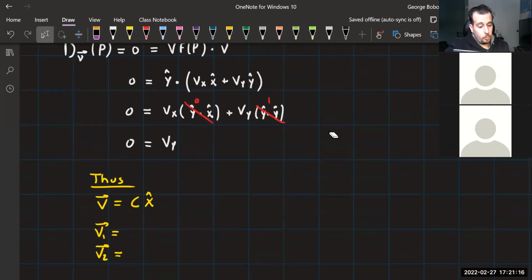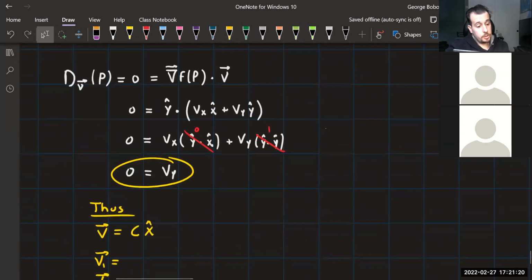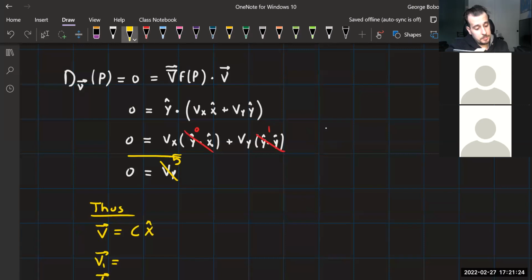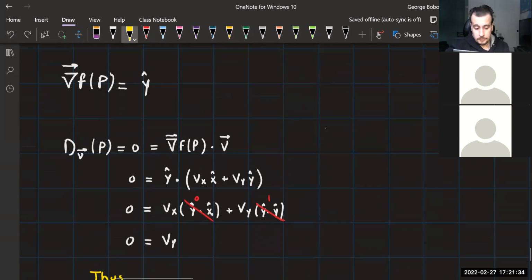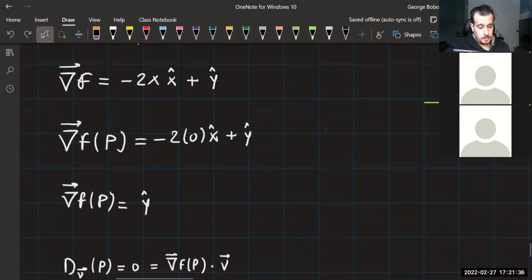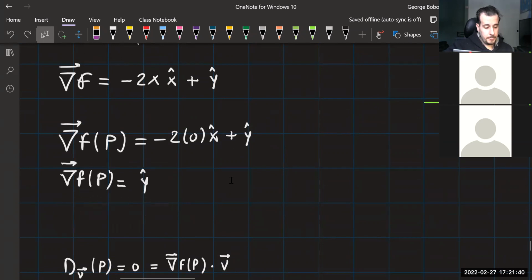Because, okay, the y component needs to be 0, right? We established that. Otherwise, the directional derivative cannot be 0. If this is now 5, this breaks, okay? So we can't have a y component in our vector. No, like the one before, when you put in the gradient one. Yes, here. Why do you put x equals 0 but not y?